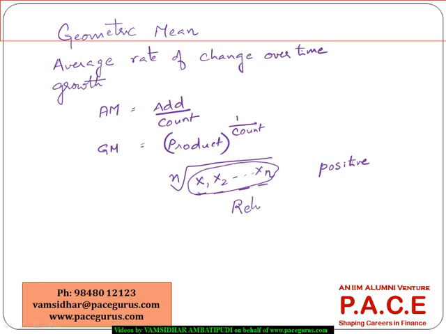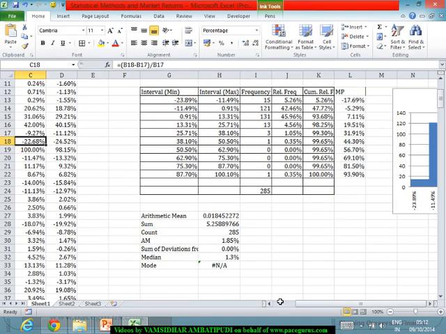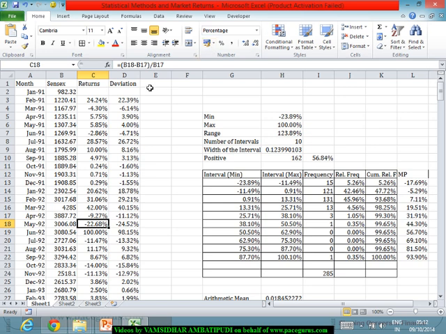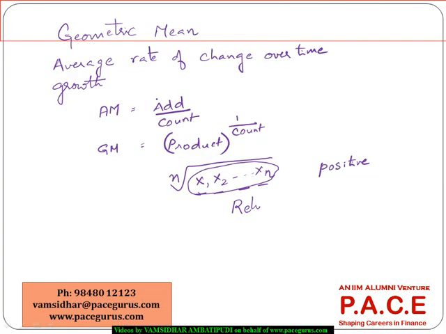So the first thing is I will try to make them positive. The first work which I may have to do before I want to find out the geometric mean is I will make them positive by doing 1 plus returns. So I do simply a 1 plus return. So instead of having the returns now as Ri, I am taking 1 plus Ri to start with.